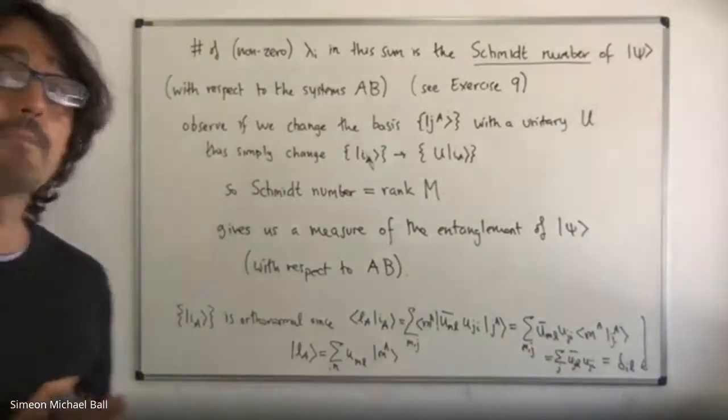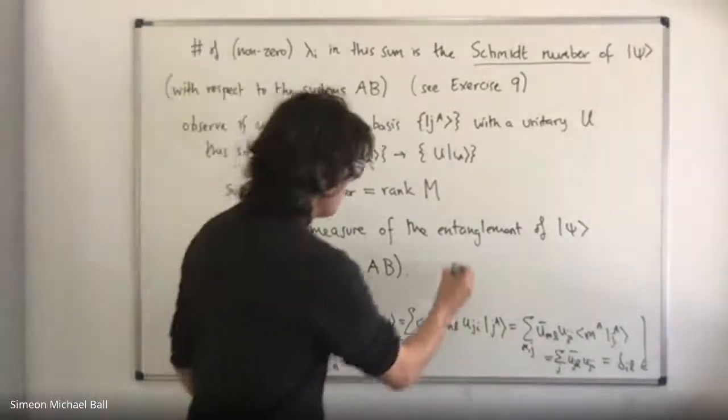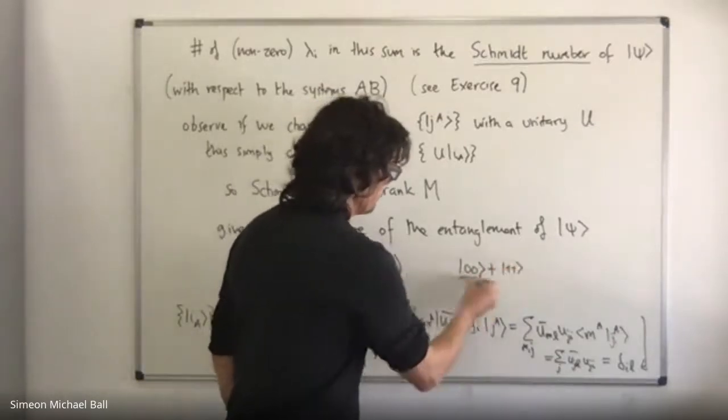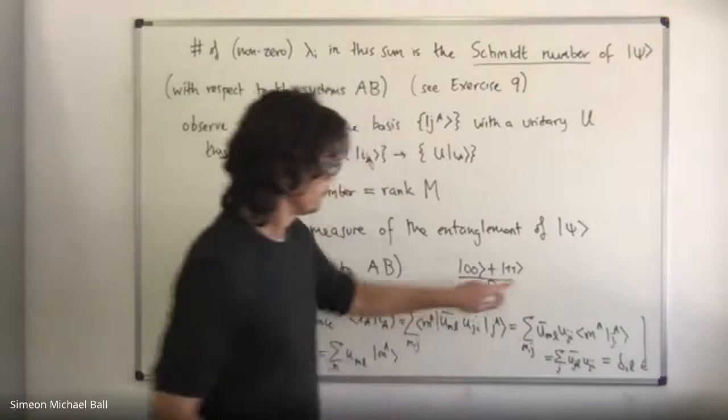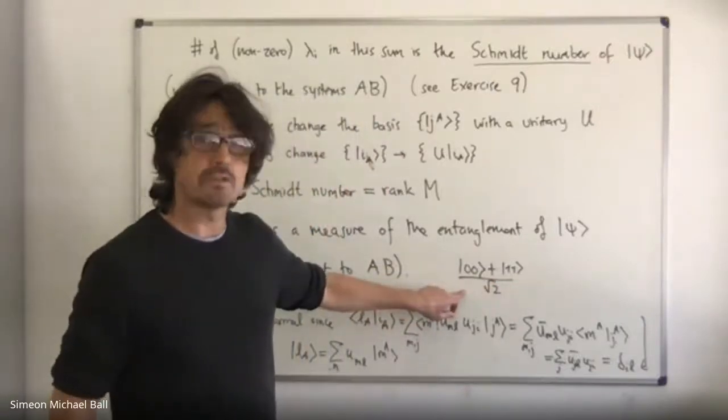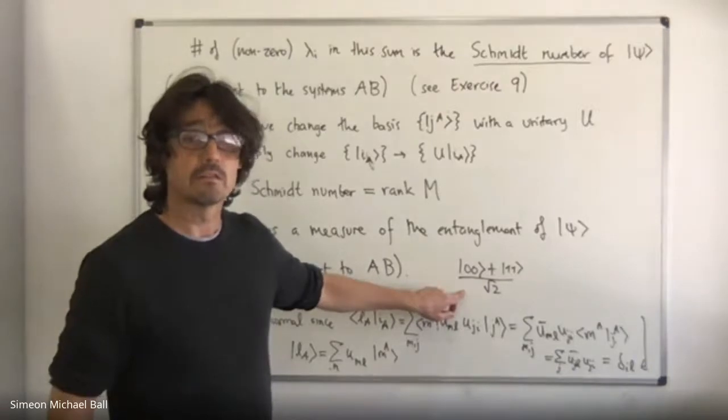Okay, so if you think back to the Bell state, the first example we had, this one had Schmidt number 2, which was the maximum it could have, so it's a maximally entangled state.